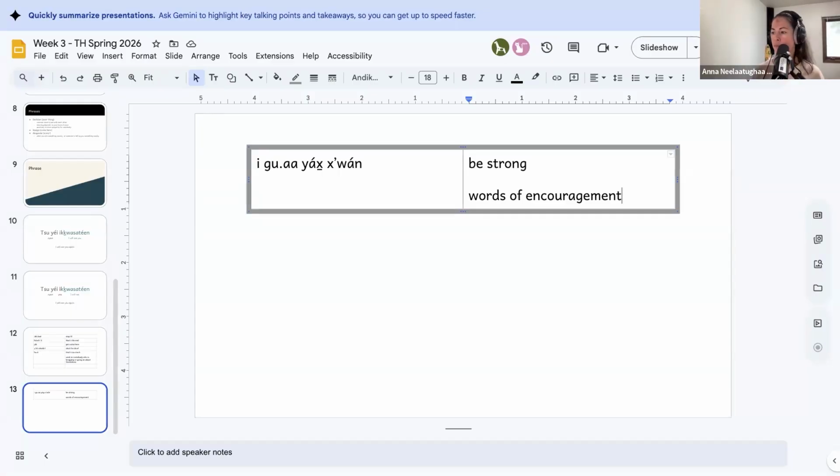I see that one floating around a lot, Igu gayakwan, and it's always followed with have strength and courage. Is that not what it translates to? Yeah, it can be used that way, depending on who you say it to and at what time. So it makes a difference. It could be real words of encouragement to encourage a young person or somebody that's going to do something.